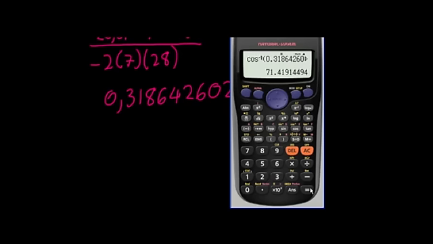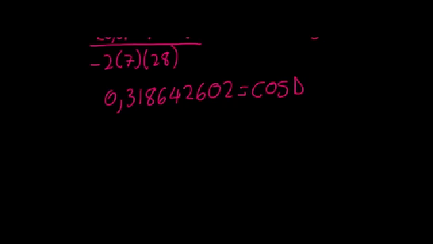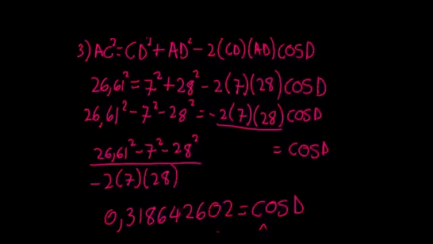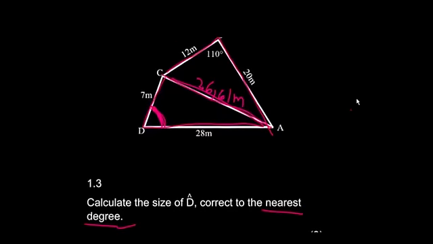And that's our answer, 71.4. Remember it said to the nearest degree, so that will be 71 degrees. So angle D is equal to 71 degrees. Right, let's look at the next question.